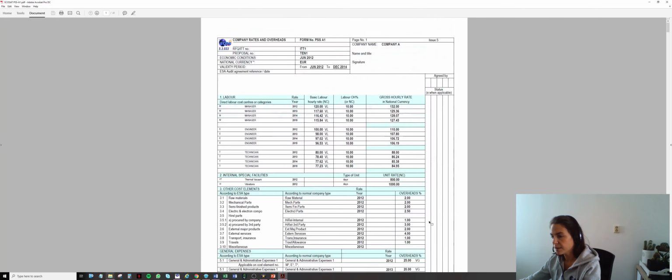So here, if you look at the top, the form information will always be at the top of each form. You know that this is the one related to the ITT1, so this is for the company A. You can find the validity period, the national currency of the form, the economic conditions. So please always have a look at the header.